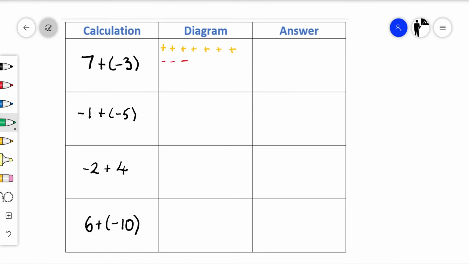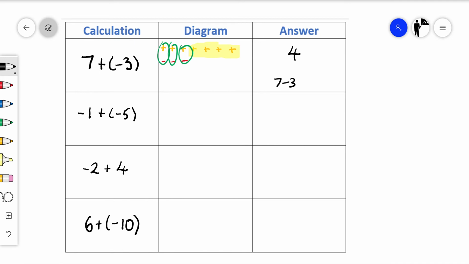I'll identify zero pairs. 1, 2, I've got 3 zero pairs, and what am I left with? I'm left with plus 4. So the answer here is 4. Do you notice that 7 plus minus 3 gives me the exact same answer as 7 minus 3?